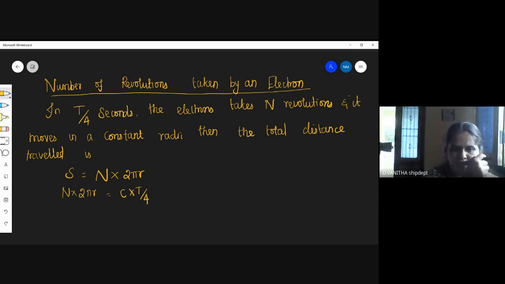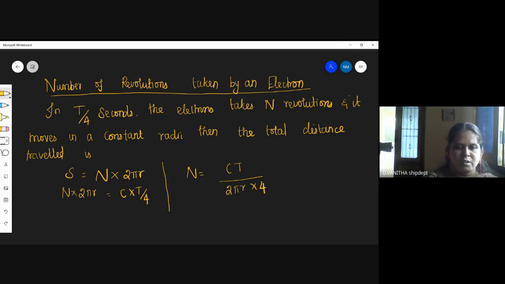This is also the distance traveled for n revolutions, that is the velocity of the electron, c, into t by 4. So from this, n can be written as n is equal to c t divided by 2 pi r into 4.